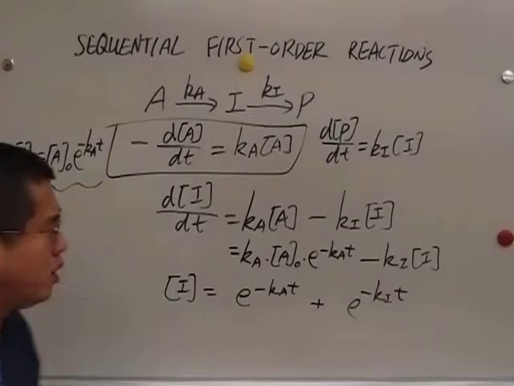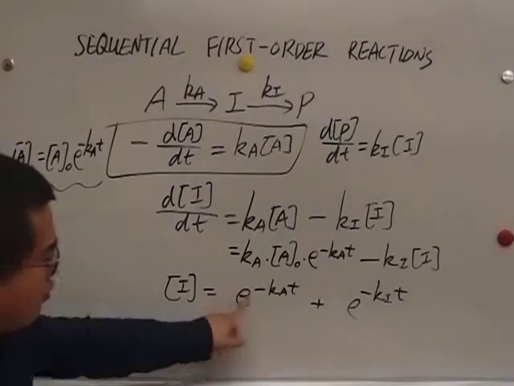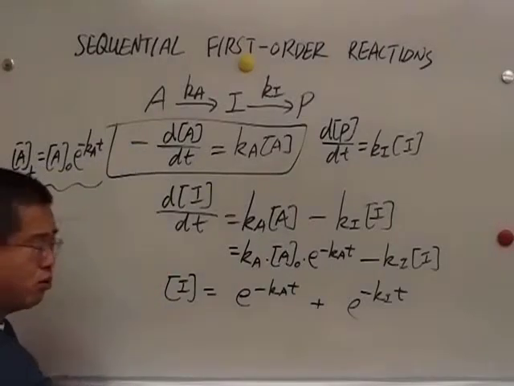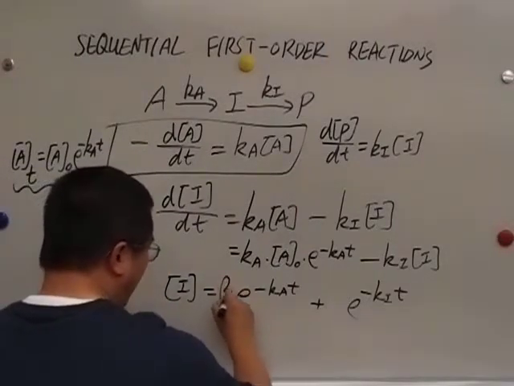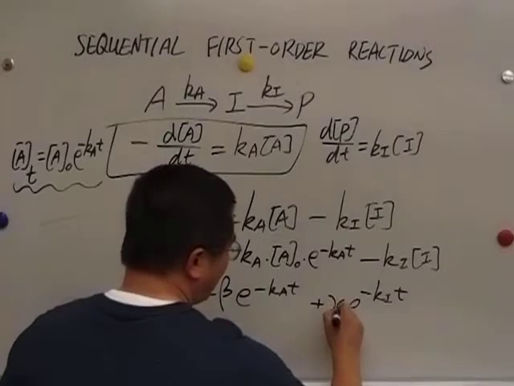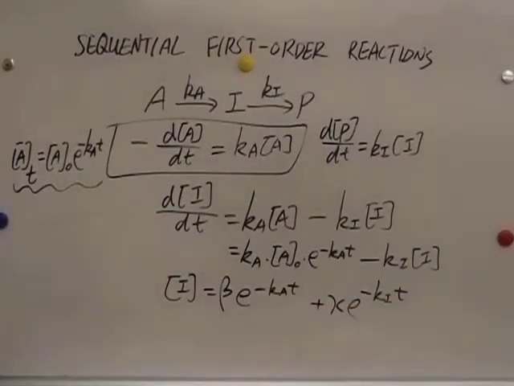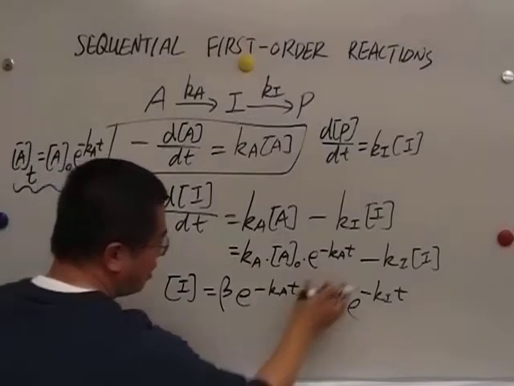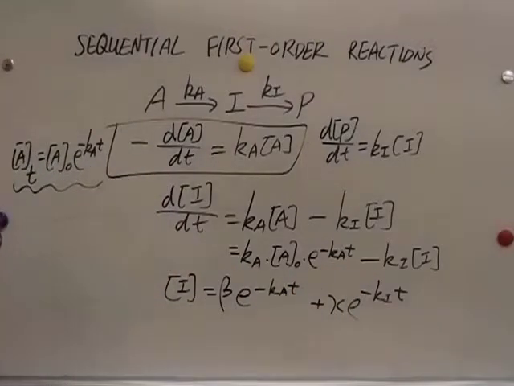All we need to do is to determine the coefficients here and here. And I'm going to just use two Greek letters, beta and kappa here. And we will plug this into here. Okay?